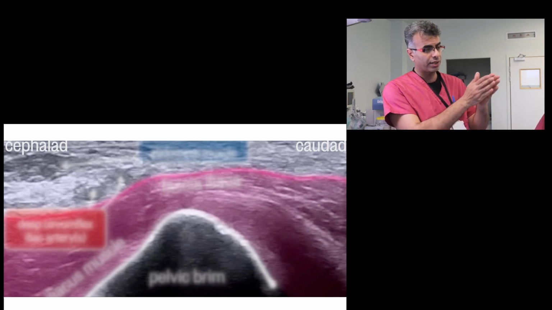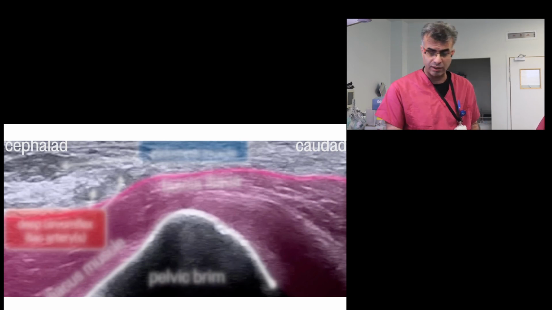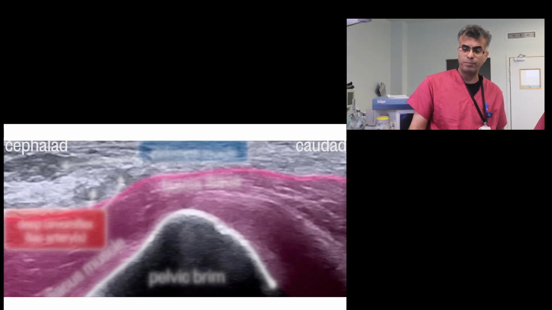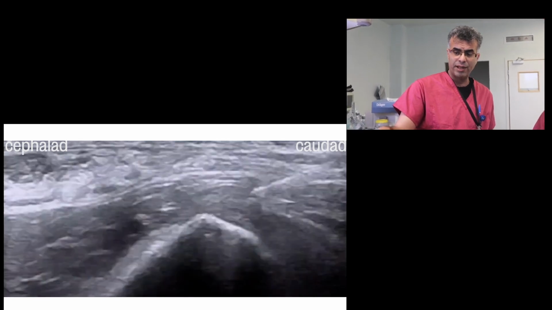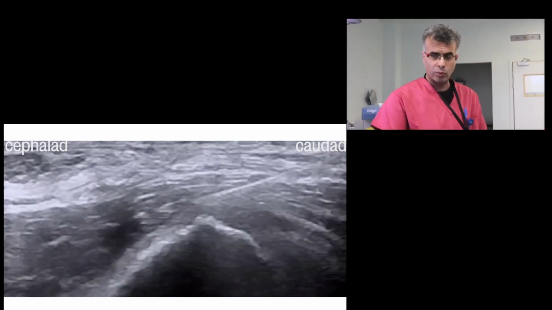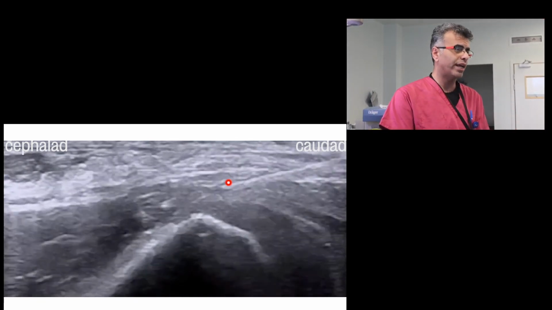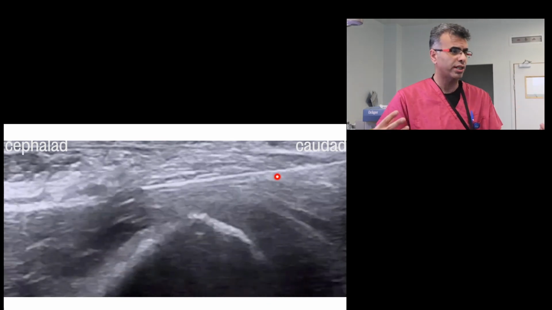So we'll traverse the probe, and then we'll see, you can see it in the video here. You can see the landmarks, you can see what's called the bow tie sign, where there is the internal oblique on one side and the sartorius on the other side.